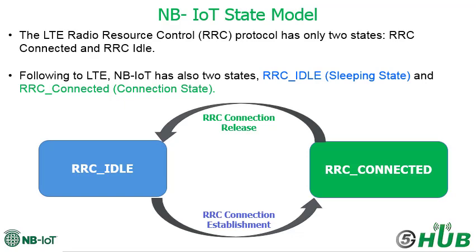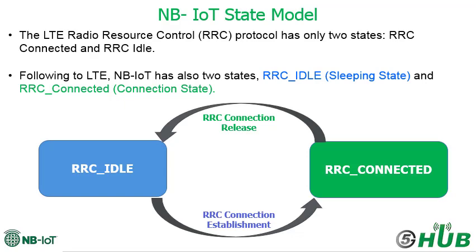and acquires system information. The second state is RRC connected. This state indicates the signaling radio bearer is established, so an RRC connection is established, and in the RRC connected state, transfer of data to and from the user equipment takes place.